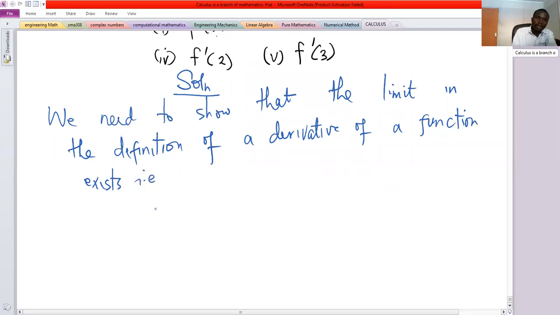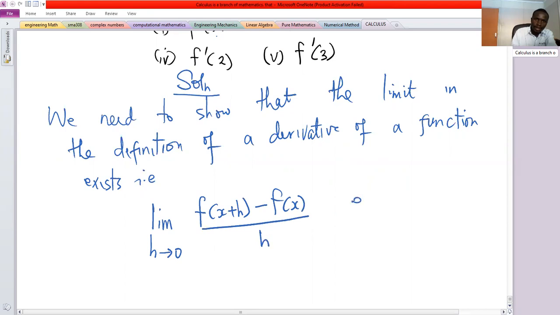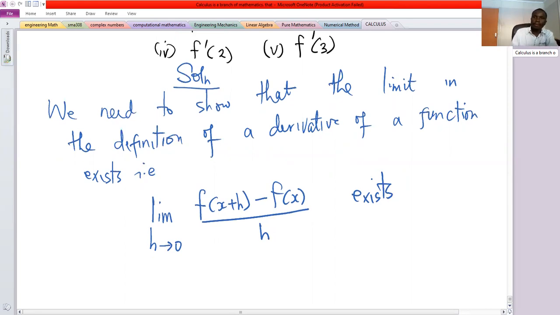That is, limit as h approaches 0, f of x plus h minus f of x divided by h exists. So this is what you need to show that a given function is differentiable.